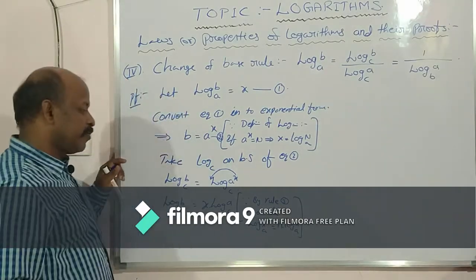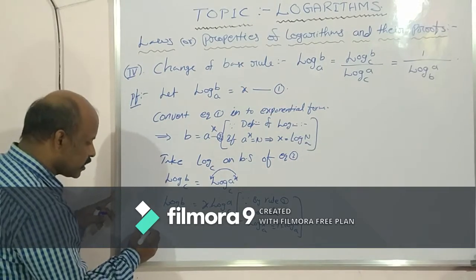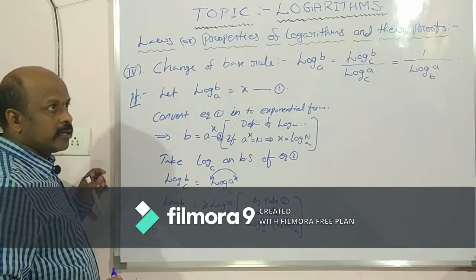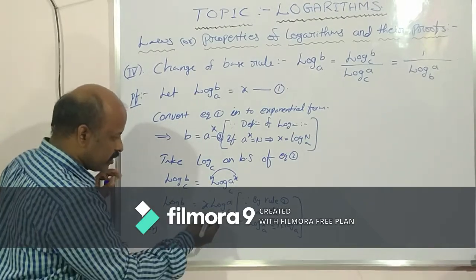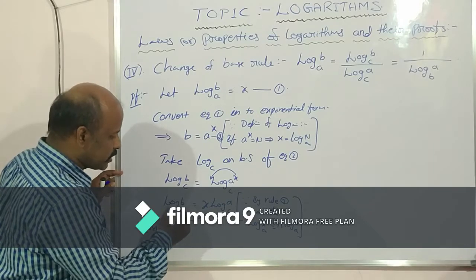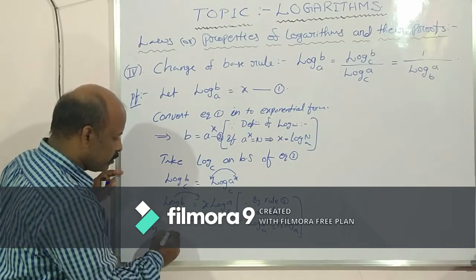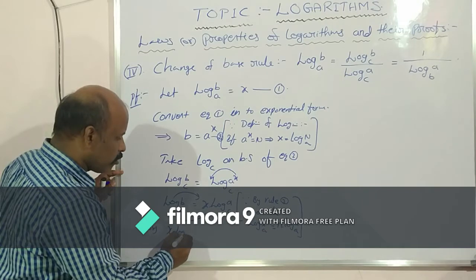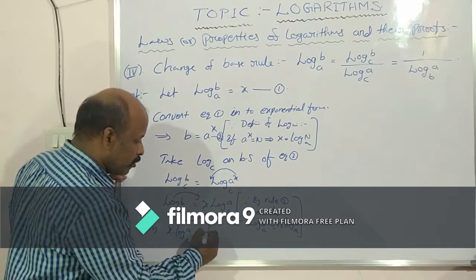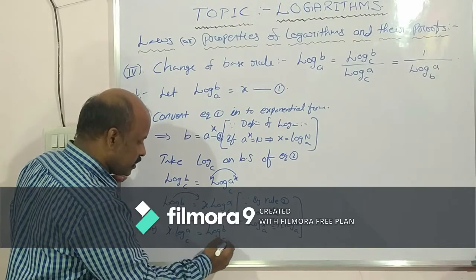Or how can you write this? I am going to write by interchanging the places: RHS I am going to write as LHS, LHS as RHS. So now you observe x log a base c is equal to log b base c.